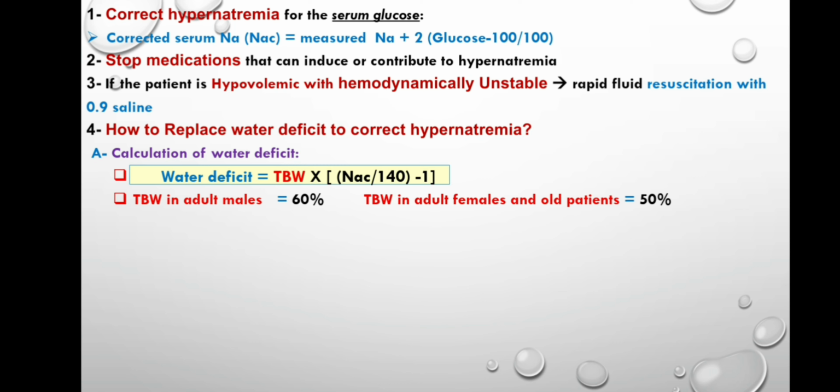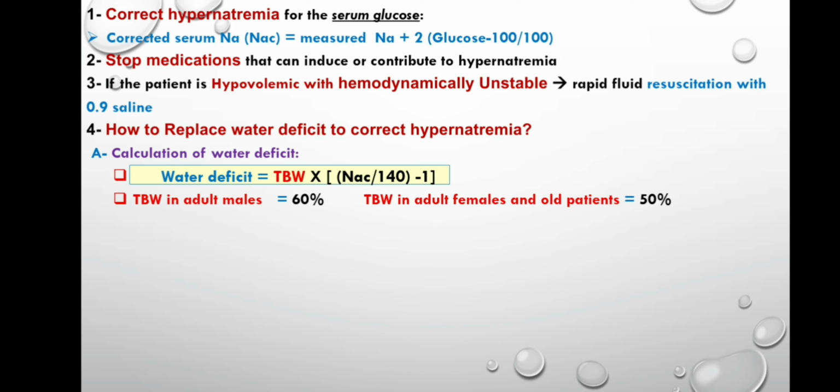If the patient is female or an old patient, and her weight is about 70, it is 50% of her weight, so it's about 35 liters total body water.